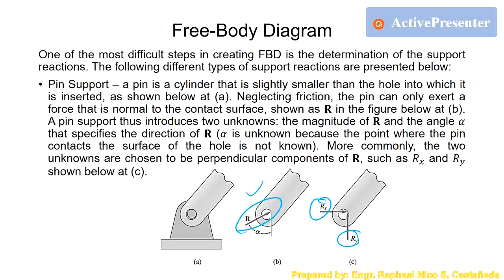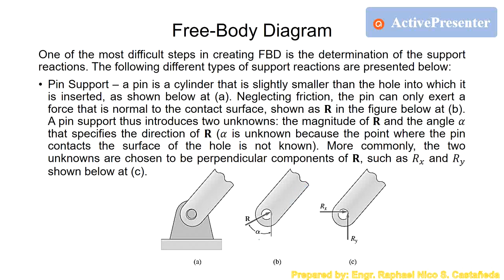So, this is the most common way in solving pin reactions. The two unknowns are chosen to be perpendicular components of R, which may be X and Y, vertical and horizontal, and you may also rotate it depending on the problem. But this is the most common one.